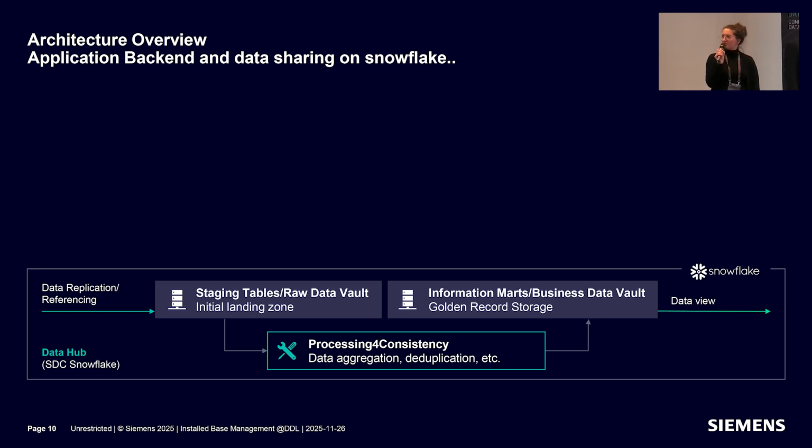Then we have our processing for consistency, our business data vault, the data aggregation, deduplication, all the data quality checks and so on. And at the end, our information mart, or so-called golden record storage, where we provide the current status of the data via data views to our consumers.